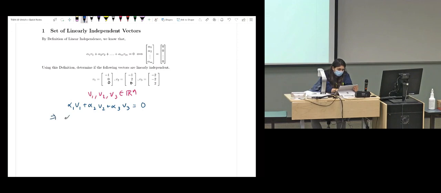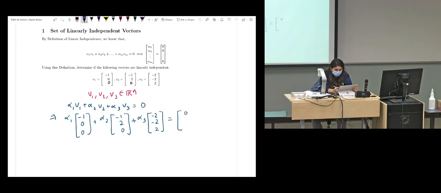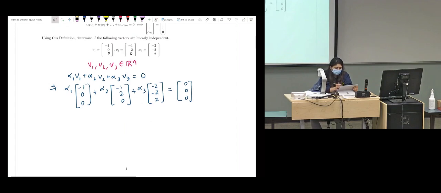So if I was to write it down, I'd say alpha 1 times minus 1, 0, 0, plus alpha 2 times minus 1, 2, 0, plus alpha 3 times minus 2, minus 1, 2 equals 0, 0, 0. What does this become?